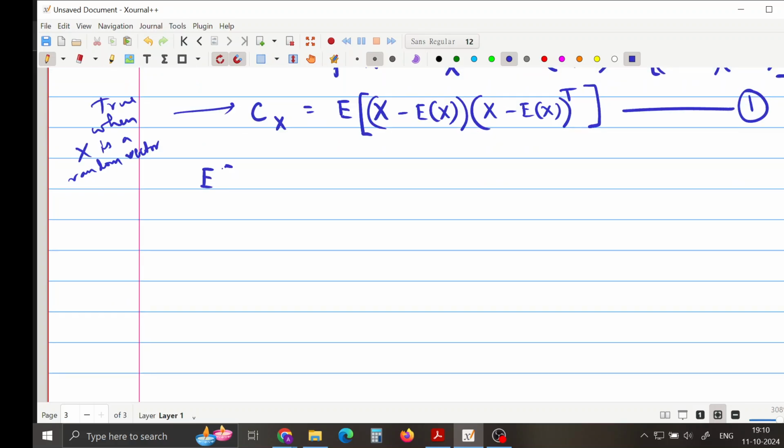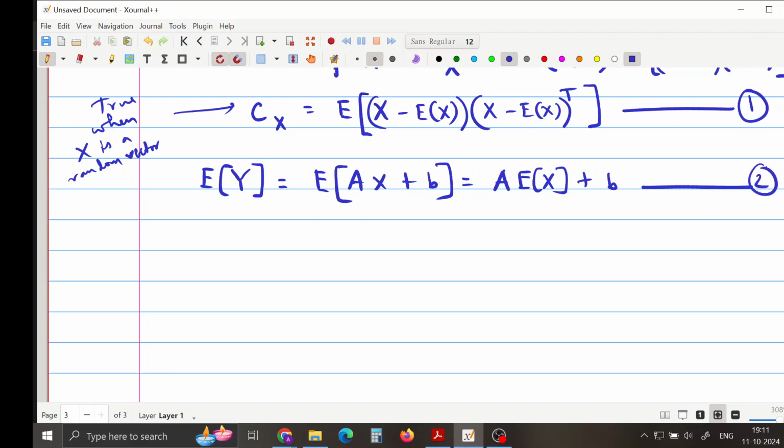So what is the expectation of y? This is simply the expectation of ax plus b. Since A is a fixed m by n matrix and b is a fixed m by 1 vector, I can simply take A outside. So this is A times expectation of x plus expectation of b, which is the same as b, because b is a constant. Let me label this as equation 2.